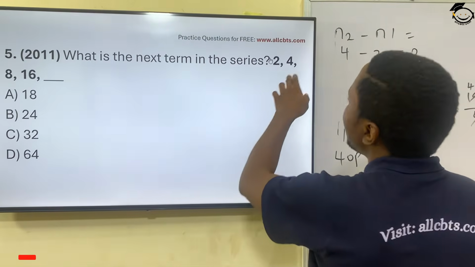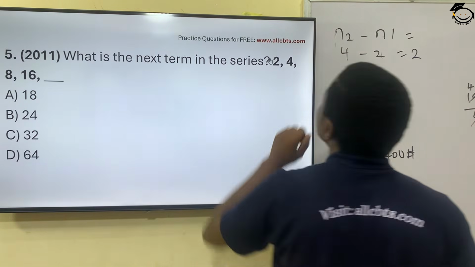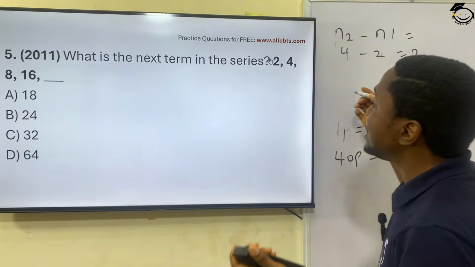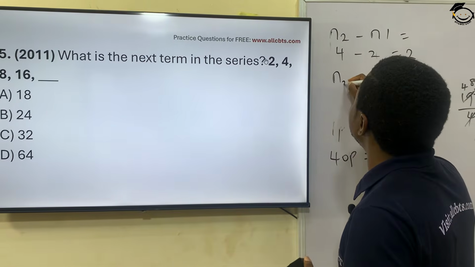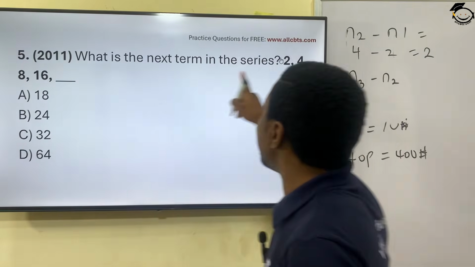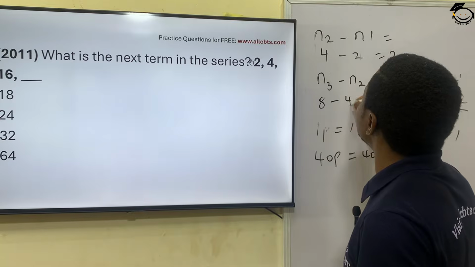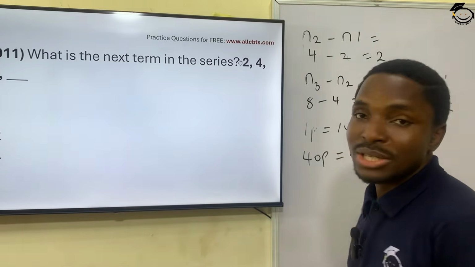So also look at it, does it apply to n3 minus n2? Let's check that. n3 minus n2, you have n3 is 8 and n2 is 4. That's 8 minus 4, which is what? 4. It doesn't apply.